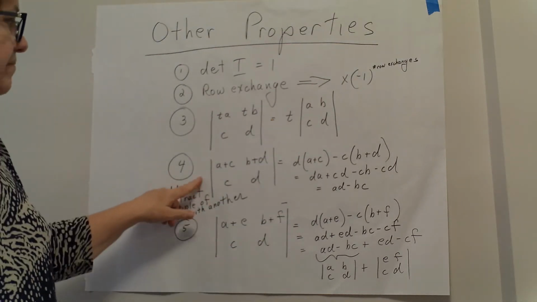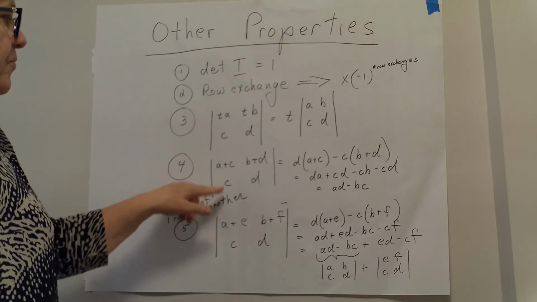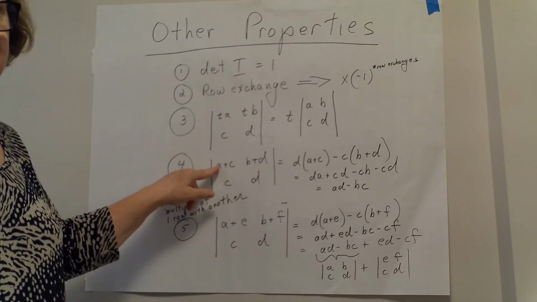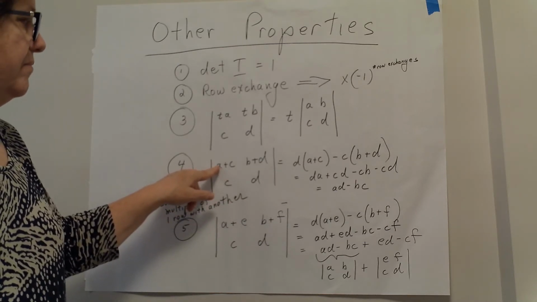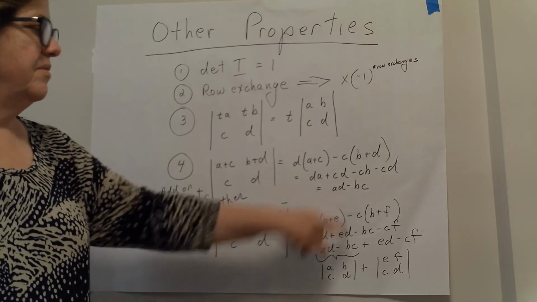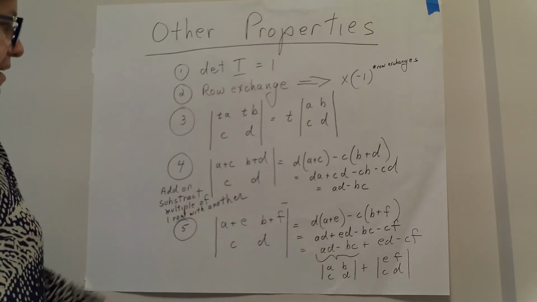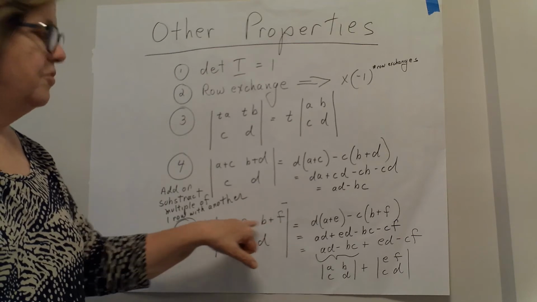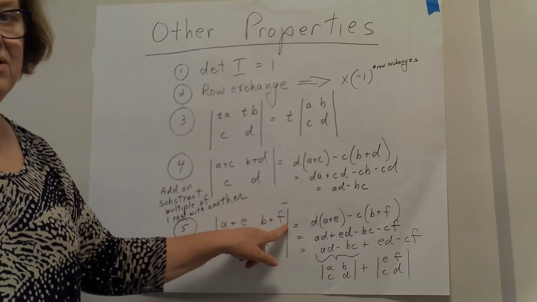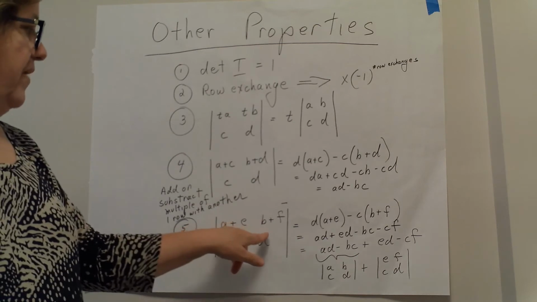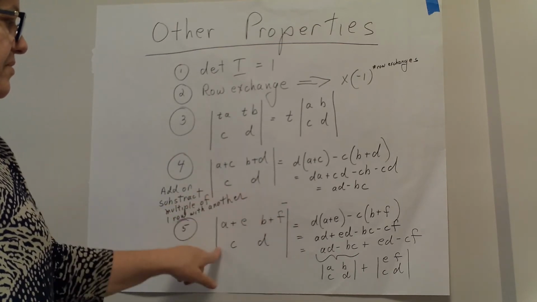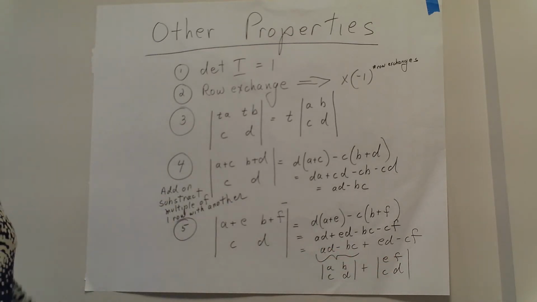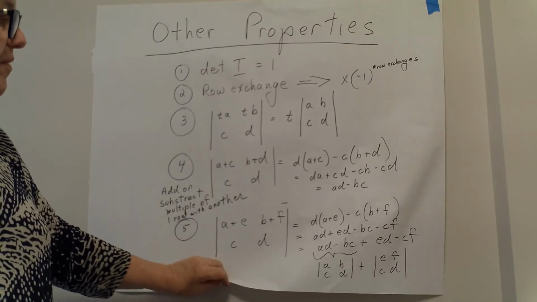What's also nice, if you take one row and add it to another row, or even a multiple of the other row, you don't change the determinant. And if you add numbers to each element of a row, you'll find that the determinant of this matrix is the same as the determinant of ABCD plus the determinant of EFCD. So these are just some properties of determinants.